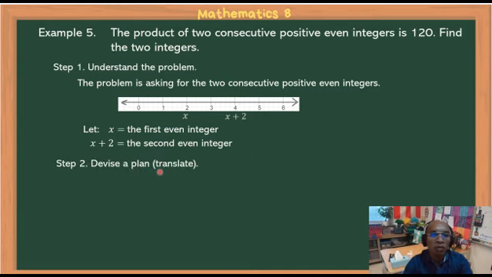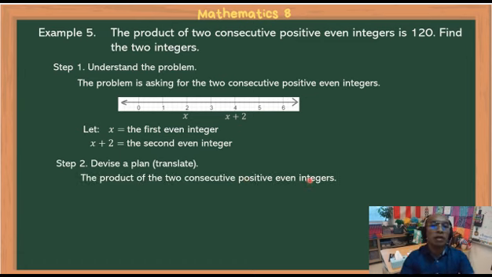So devise a plan, we are going to translate or make an equation based on the given condition. So according to the problem, the product of the two consecutive even numbers or even integers is 120. So first number times the second number is equal to 120.